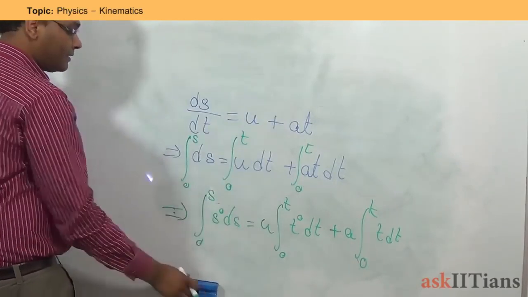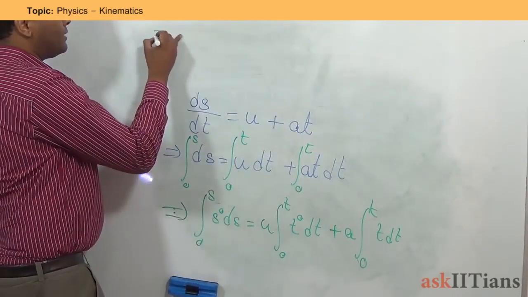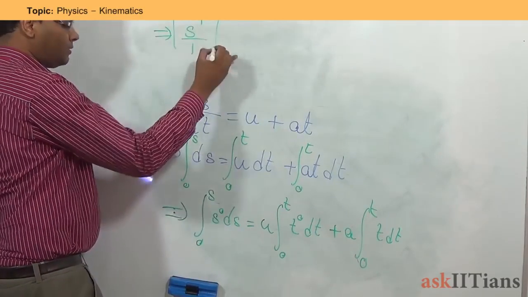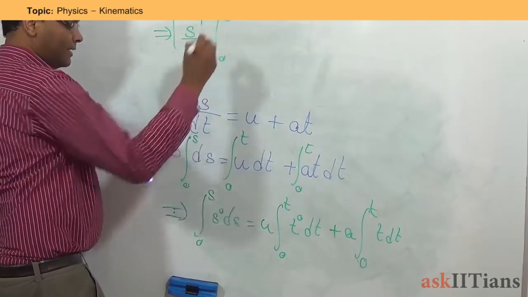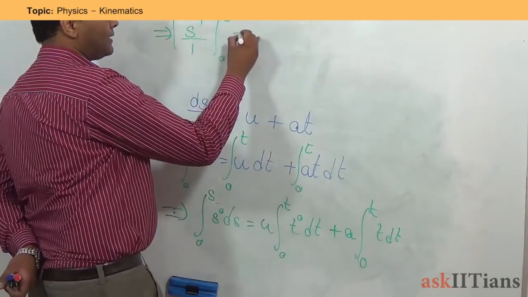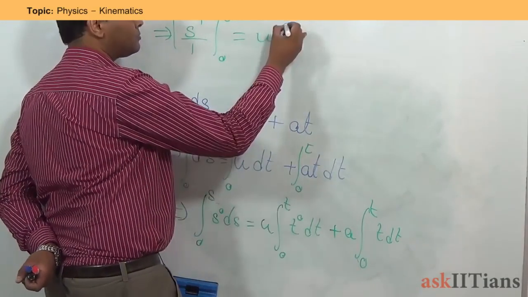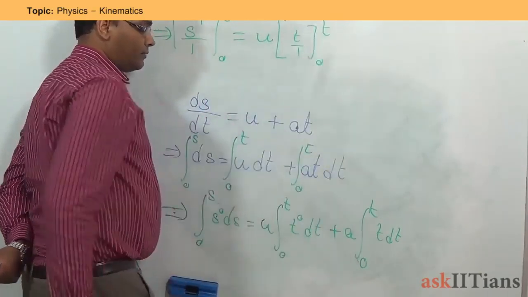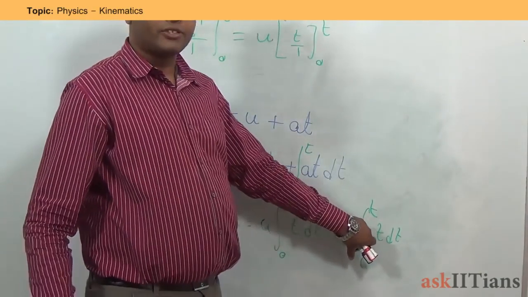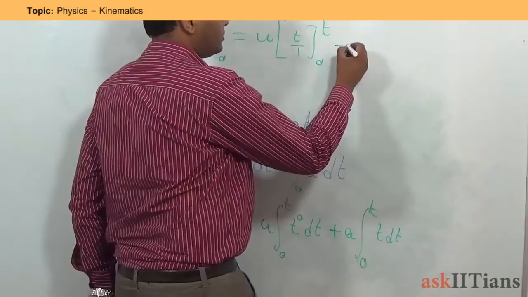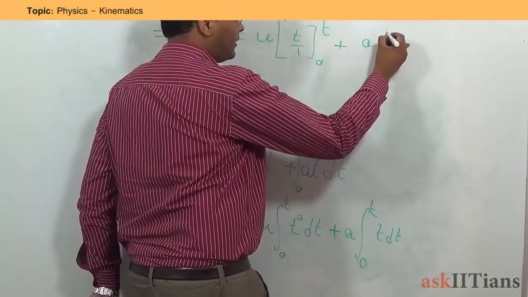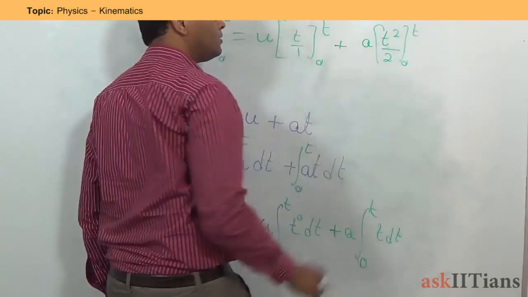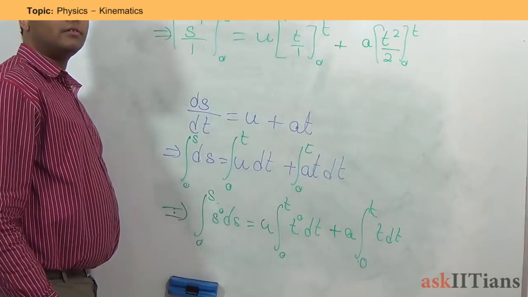If I integrate this, what are we left with? We'll be left with s by s raised to the power 1 by 1 integrated between 0 to s. On the right hand side, I'll get u, then t by 1 integrated between 0 to t. Here I already have a factor of t, so I'll get a into t raised to the power 2 by 2 integrated between 0 and t.